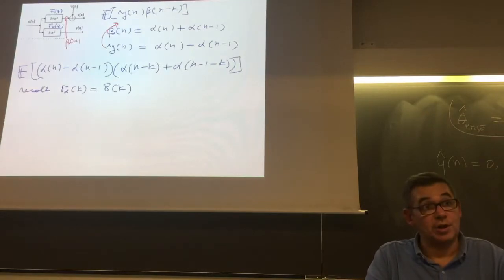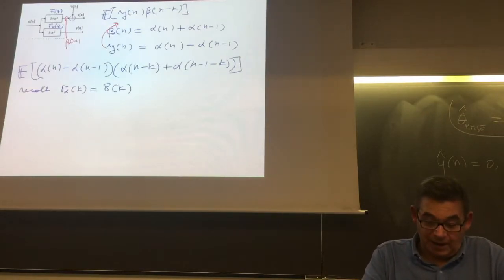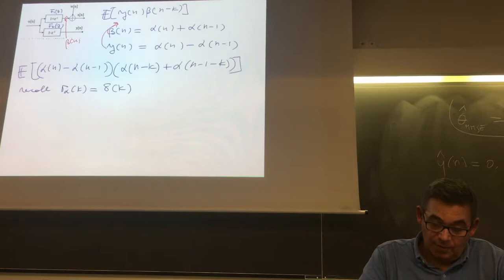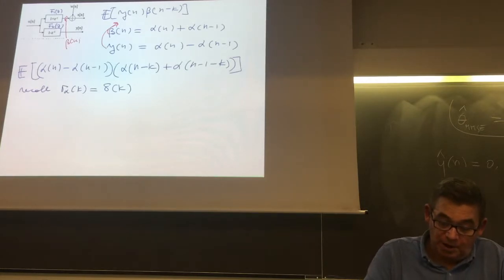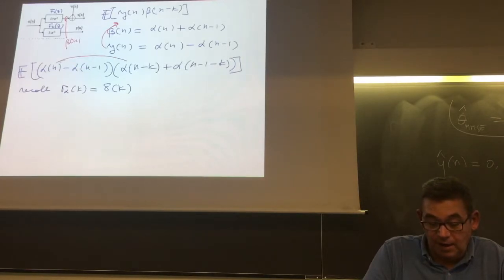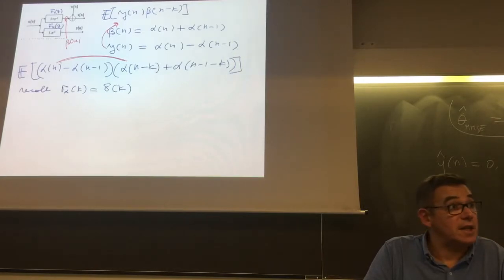That's for the autocorrelation. So now applying that, I have the first term here, which is the autocorrelation of alpha, so it is alpha n minus k. Now this is different from 0 only if k is equal to 0.